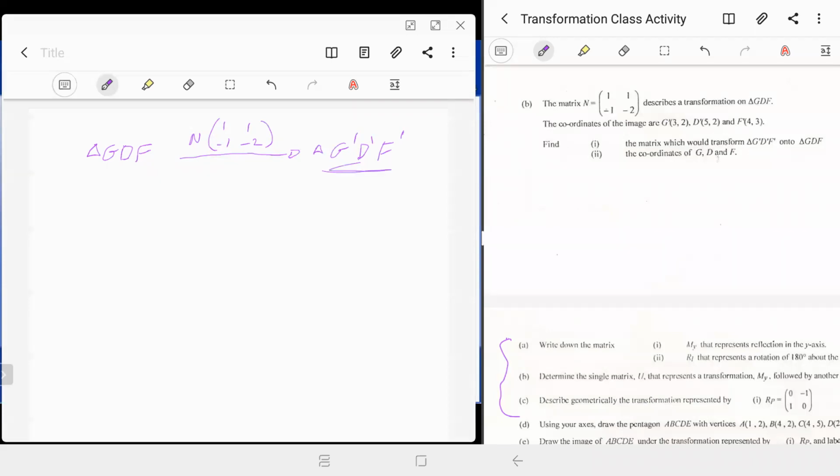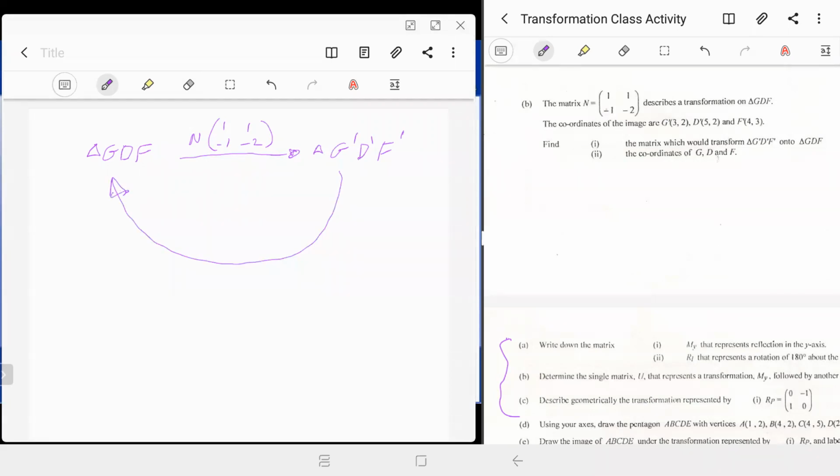And we know this, they gave us that. We don't know the object points, but they happen to give us the image points. And they're asking us now, what matrix will map us back from here to there?